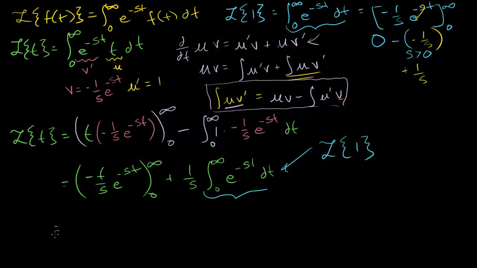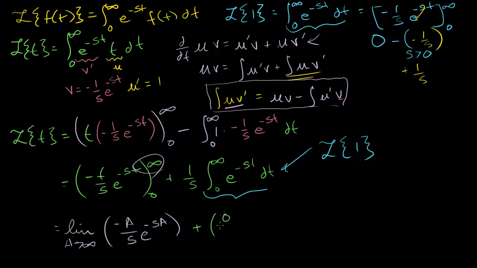So this is equal to, let me write it this way, the limit as a approaches infinity of minus a over s e to the minus sa. So that's this evaluated at infinity. And then from that, we're going to subtract this evaluated at 0. So minus all of this, but we already have a minus sign here, so we could write a plus.